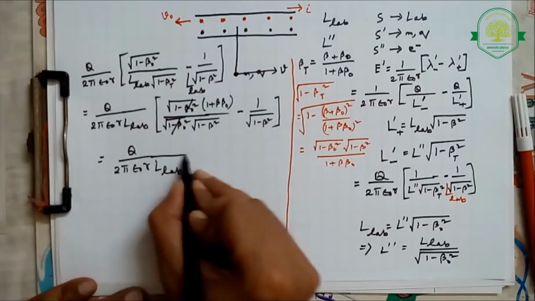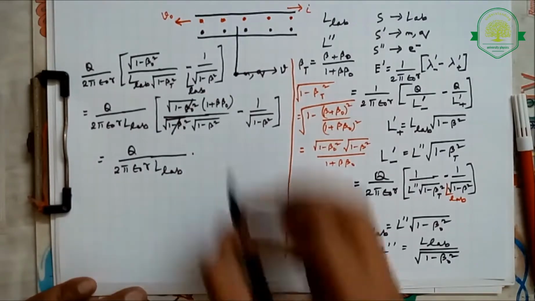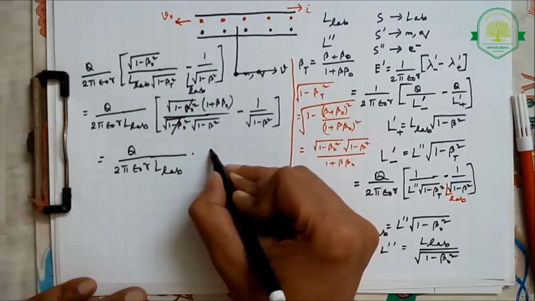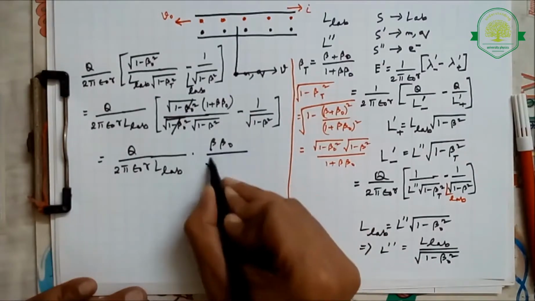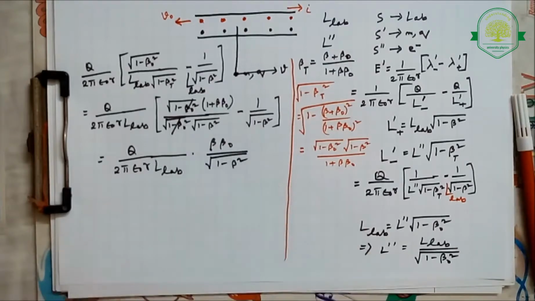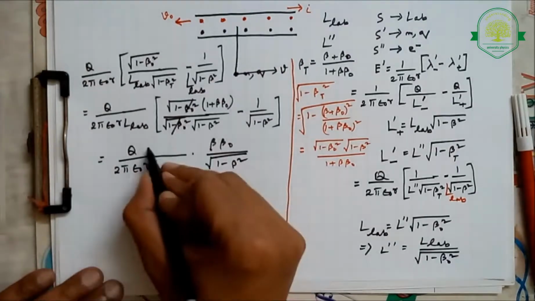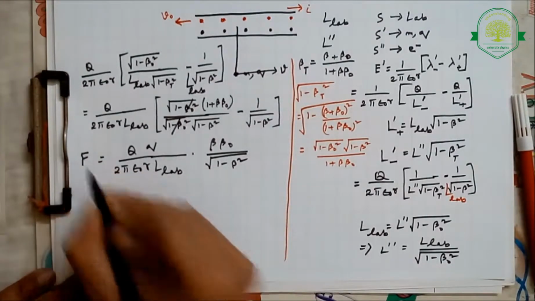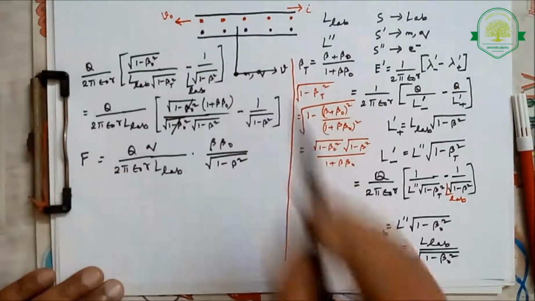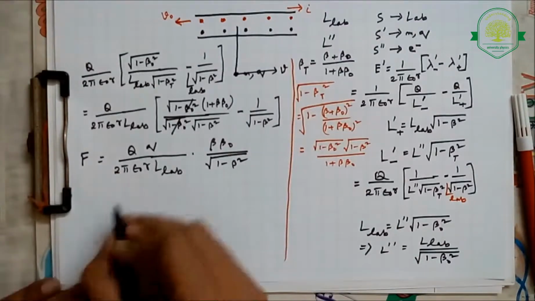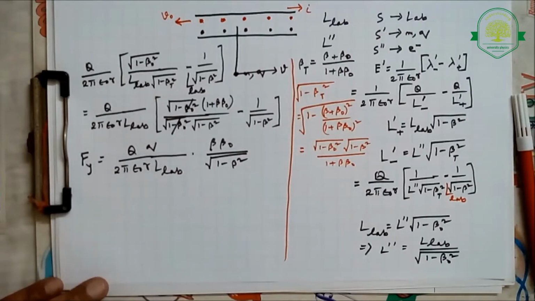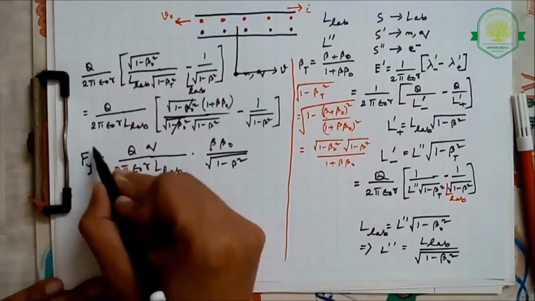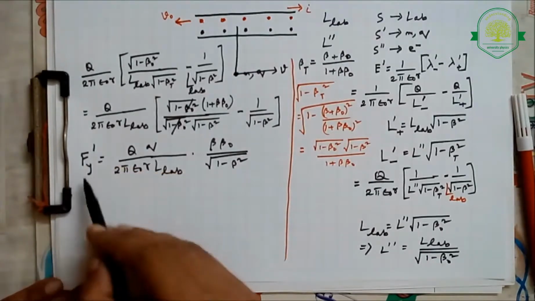Note that the answer I'm getting is in terms of L lab. That's very convenient. Beta naught divided by square root of 1 minus beta squared. Alright. Now this is just the electric field. If I want to find out what the force is, I'll just have to multiply it with this charge. This is the force that is acting along the y-axis in the y direction, and this is in the primed frame, so this is Fy primed.